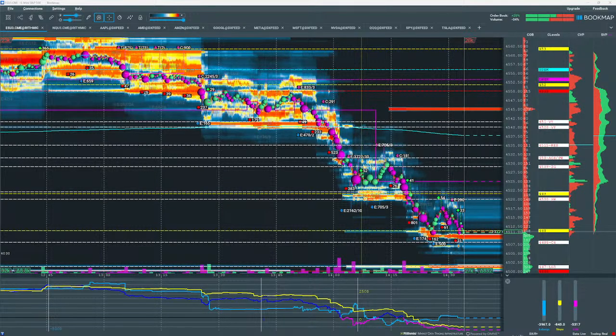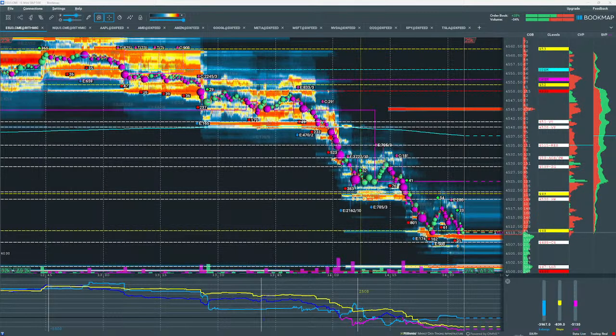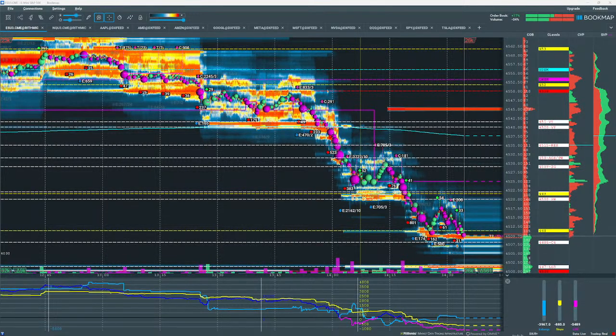I learned a lot from Bruce, the director of education at Bookmap. I studied, worked hard, and put this together to develop my own trading system, combining the options market, using data from Spotgamma, with order flow and Bookmap. And again, thank you very much for your kind words.